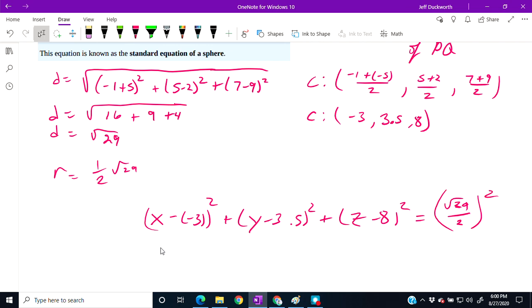So cleaning up and rewriting, this is simply x plus 3 quantity squared. This is still y minus 3.5 squared. Z is the same. So root 29 squared is just 29. 2 squared is 4. That should be our answer for that.